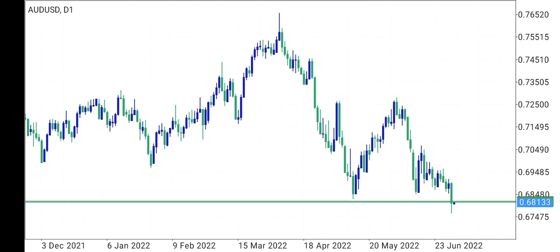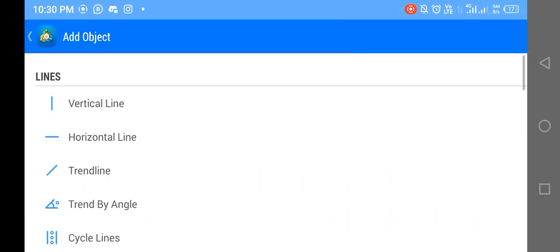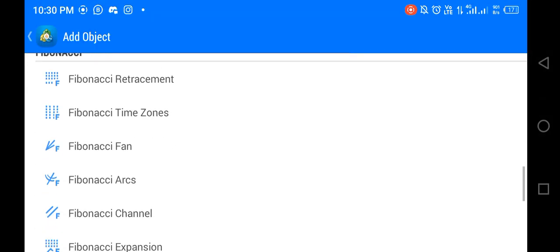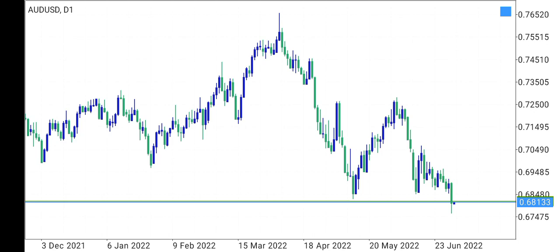This is actually a live analysis, so we already know how to mark out our support and resistance, or supply and demand. So you can just mark it out.